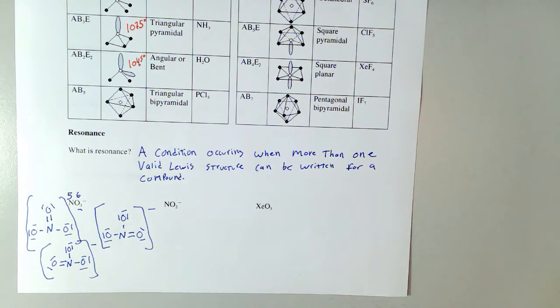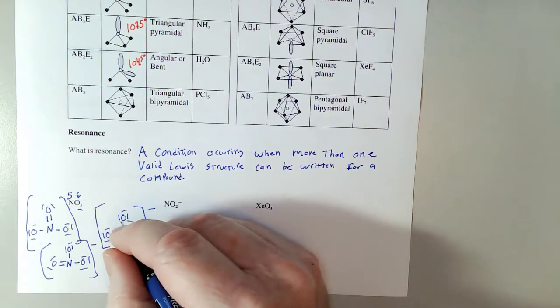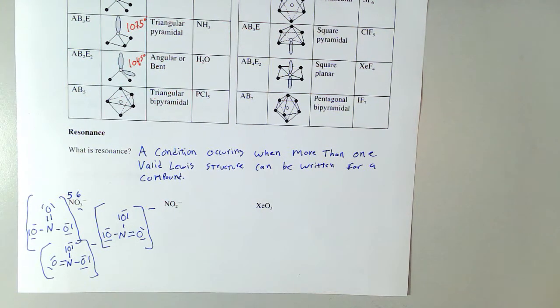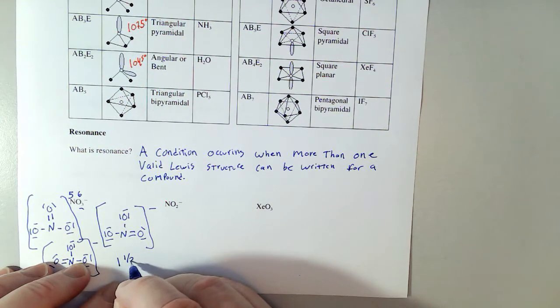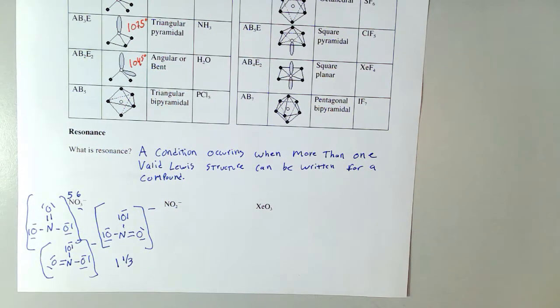Well, it doesn't exist as any of these. It turns out that when we measure the bond energy and bond length for these 3 bonds, they come out to be identical, not a double and 2 singles. And the energy is the equivalent of about 1 1/3 of a bond.